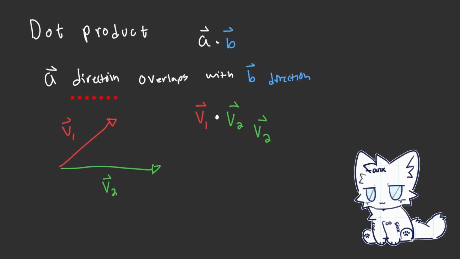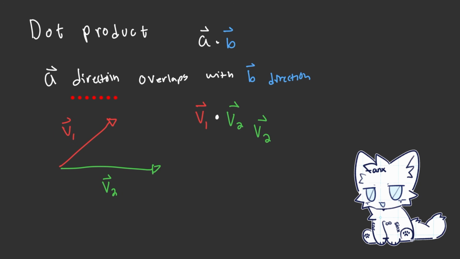But we have some extra parts, like some extra magnitudes. When you measure the similarity between V1 and V2, it's a combination of V1 and V2. But we only want to know how much of V1 lies directly on V2.